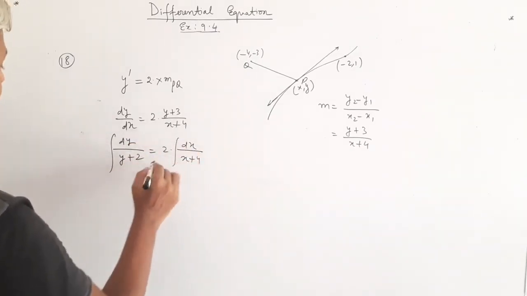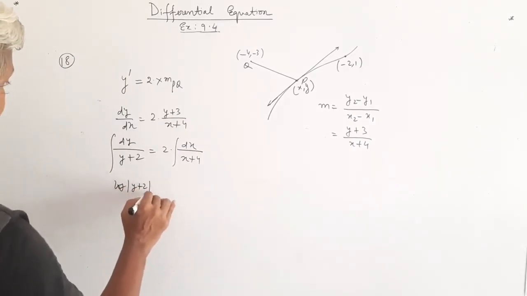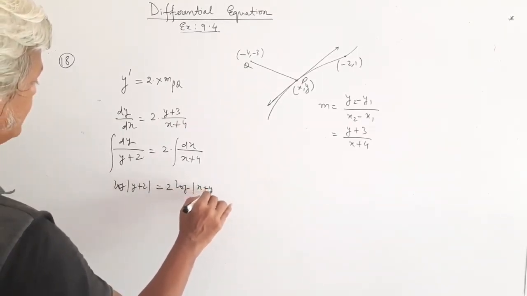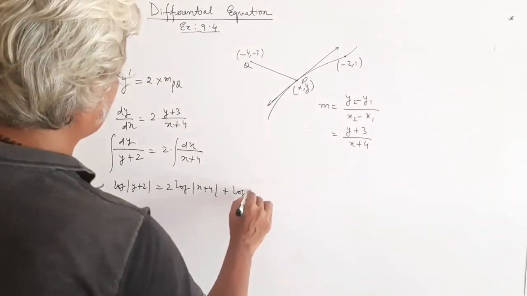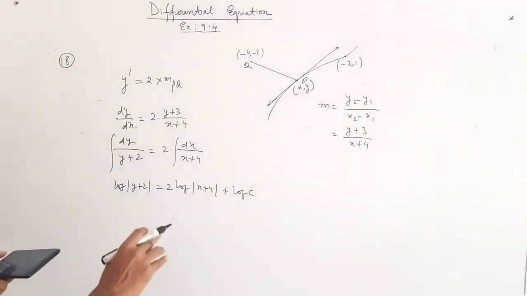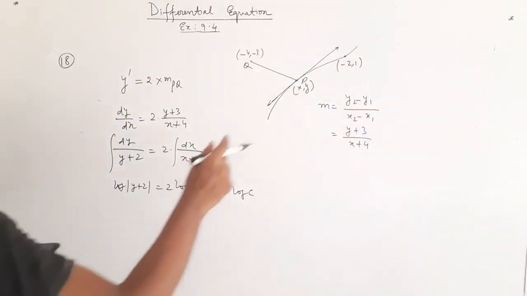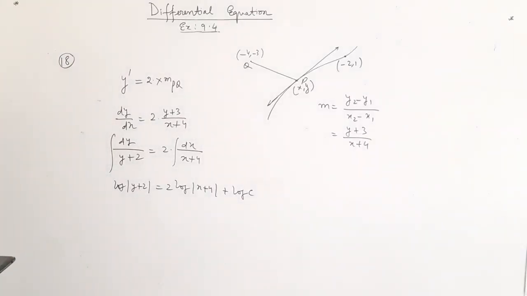Now just integrate. So log mod (y plus 3) is 2 times log mod (x plus 4), plus I take the constant also as log c. Now the initial condition says that this curve is passing through (-2, 1), meaning at the place of x I write -2 and at the place of y I write 1.